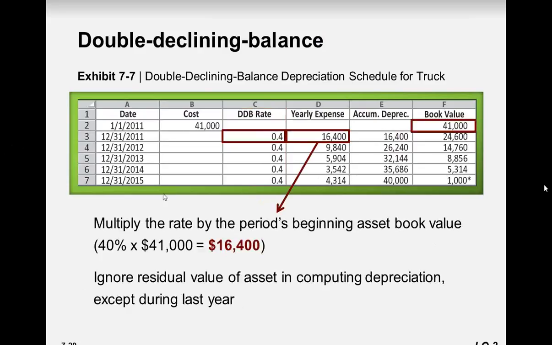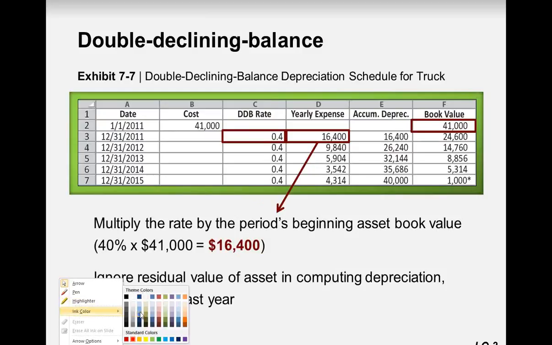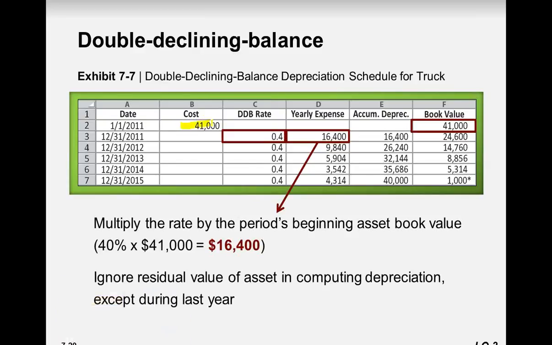What I wanted to point out is this 41,000. You notice that what we're starting with, the cost, we're not taking the $1,000 residual value off first. First year, our book value is clearly 41,000. It would be under any method. So we take our 41,000 times our 40%.